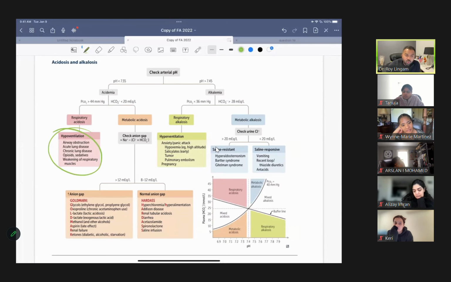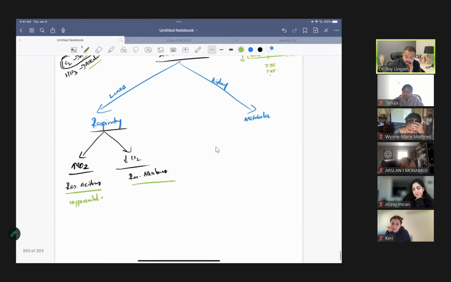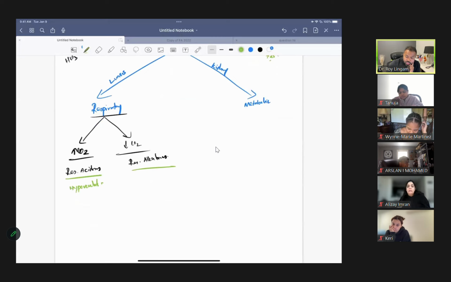You see all those things that cause hypoventilation: acute lung disease, chronic lung disease, opioids is my favorite. Taking pain medication reduces the respiratory rate. That causes hypoventilation. My favorite to teach, not to take, okay? I know what you guys are thinking. So that's respiratory acidosis. Anything that causes hypoventilation will cause respiratory acidosis.